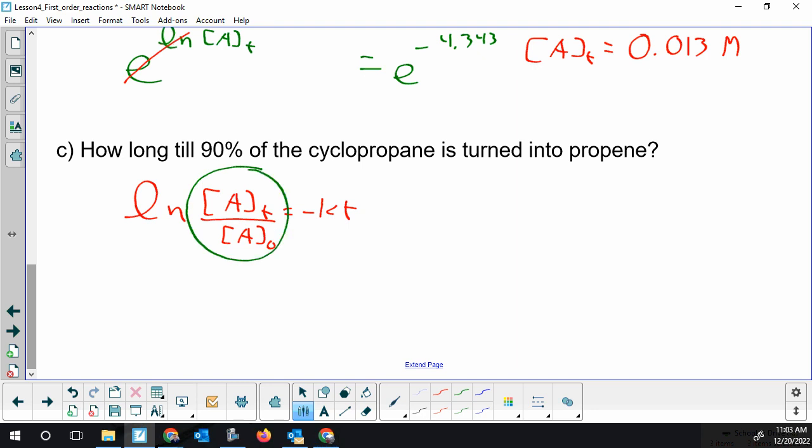So how long till 90% is converted? 90% has been used up. 90% of the numerator is gone. Okay, there's only 10% left. Now we don't know what the bottom is, but anytime there's 10% of the top compared to the bottom, you're going to get 0.1 as a ratio when 90% of the numerator is gone. So we have the natural log of 0.1.